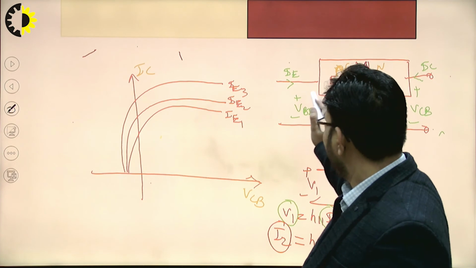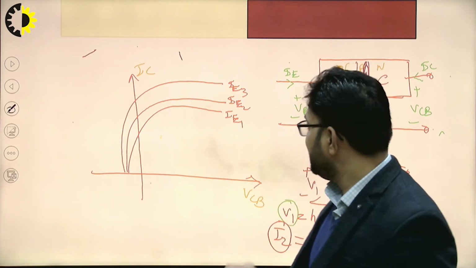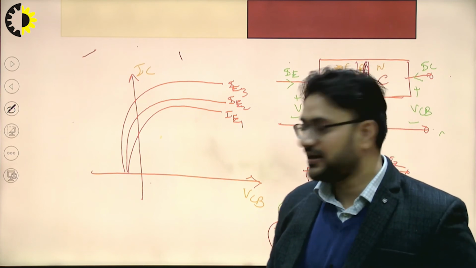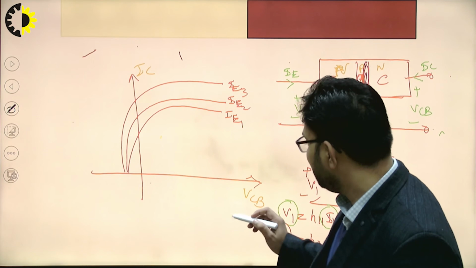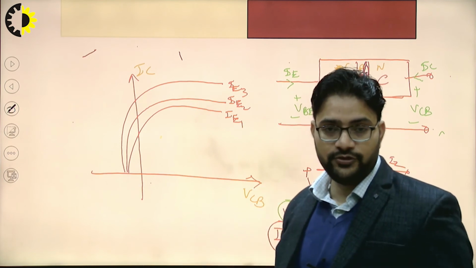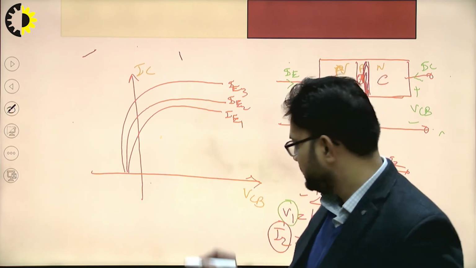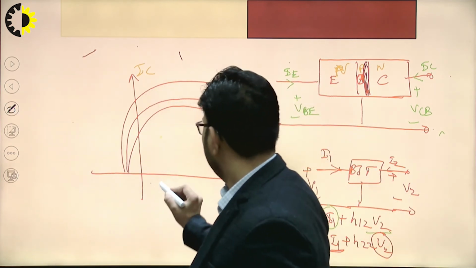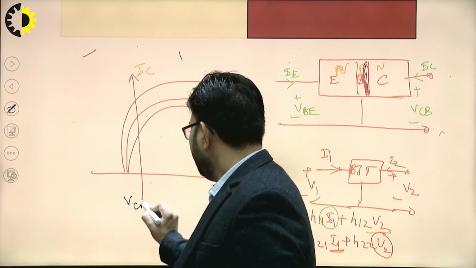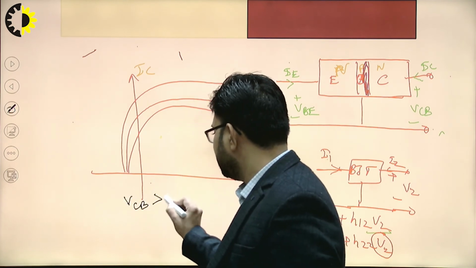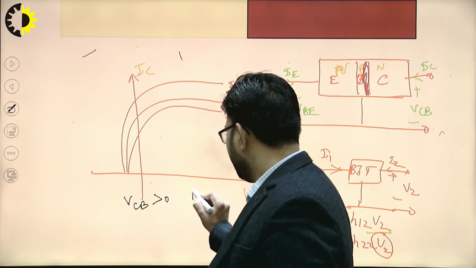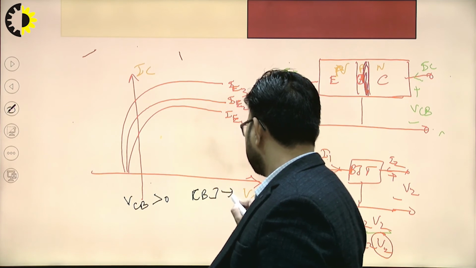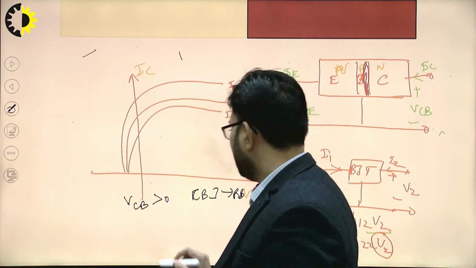Now the emitter base junction is forward biased. It means that IE should be greater than 0. VCB greater than 0 signifies that the collector base junction is reverse biased.